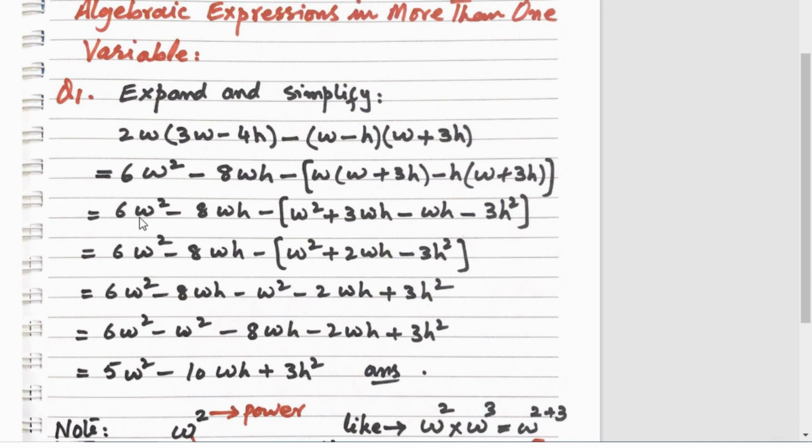Now the next step: 6w square minus 8wh will be written as it is, as their expansion has been done, minus big bracket. We will do the same as we have done with the 2w and 3w minus 4h. We will multiply w with the two terms inside the brackets and minus h with the two terms inside the brackets, and we will get these four terms.